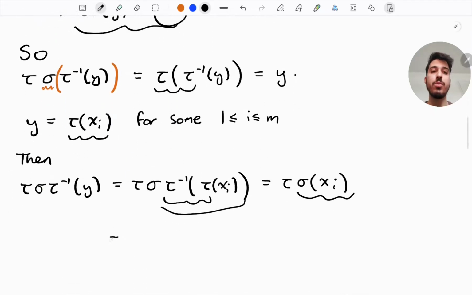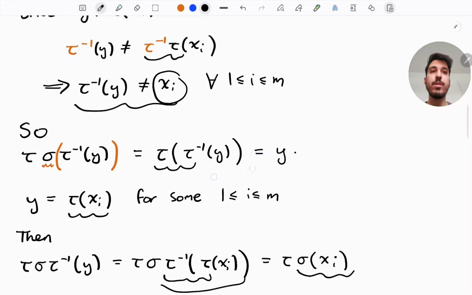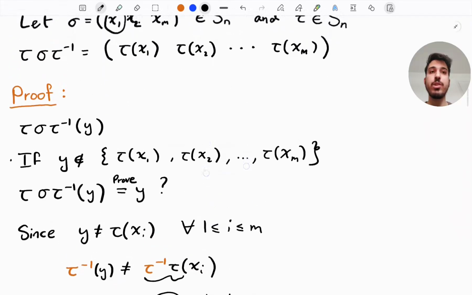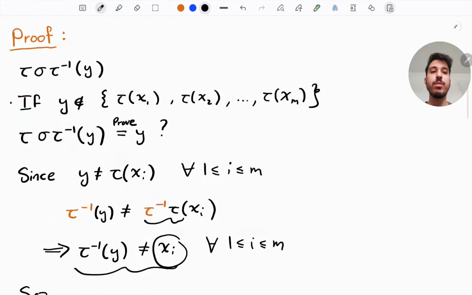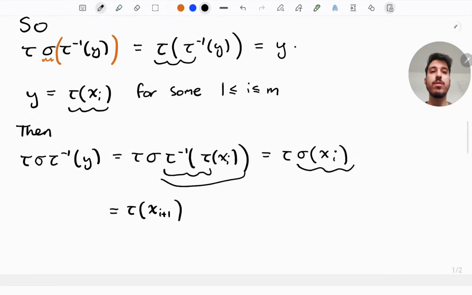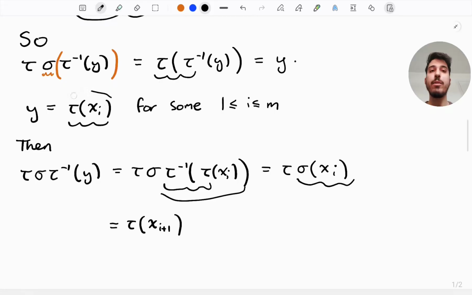And this equals tau of xi plus 1. And this agrees with the claim that tau of x1 goes to tau of x2, so tau of xi goes to tau of xi plus 1.